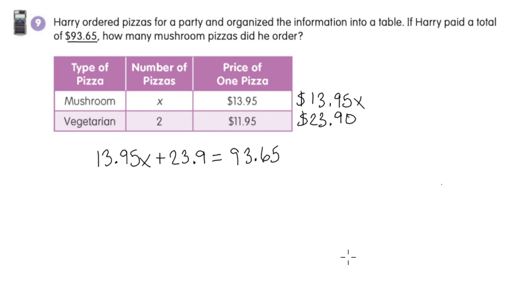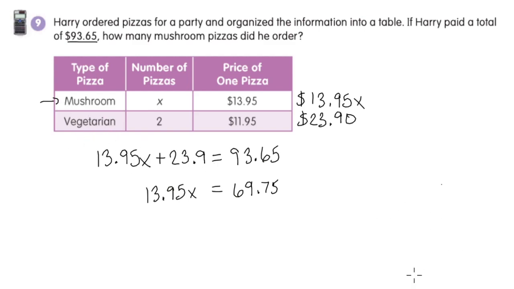We again have a two-step equation. We're going to subtract 23 and 9 tenths from both sides. That leaves us with 13.95X is equal to 69.75. So this 69.75 represents how much money was spent on mushroom pizzas.